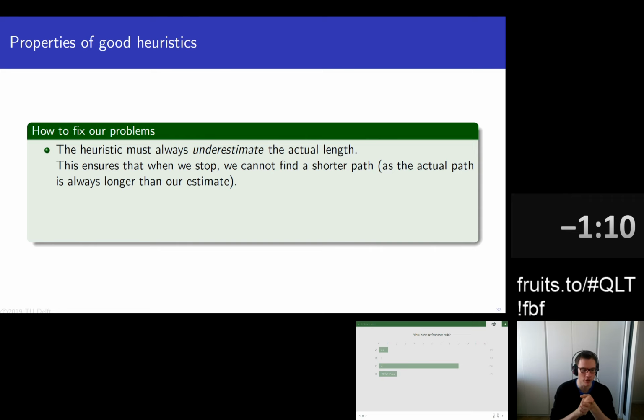That ensures that when we stop, because we've gotten it out of the queue, there is no shorter path to find here, because our heuristic was an underestimate, and the actual path leading here must always be at least as long. So there's no shorter way to get here. So that's one. Heuristics must underestimate actual length.